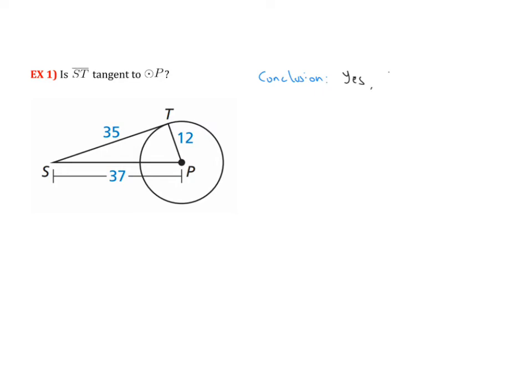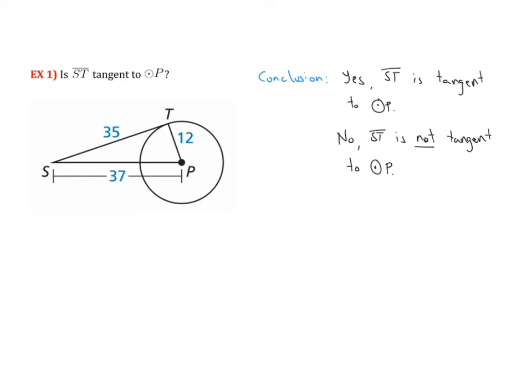Either yes, segment ST is tangent to circle P, or no, segment ST is not tangent to circle P. Okay, so these are two different conclusions we can make.